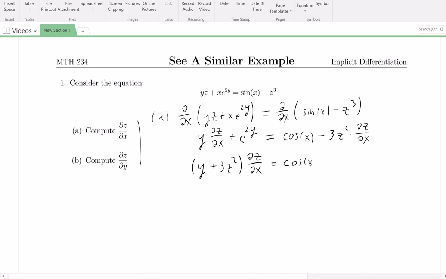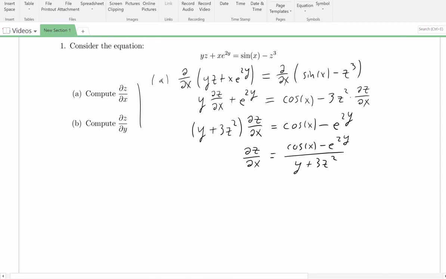So we have the cosine x, and we have to move the e to the 2y over. And then just divide and we're done. So we get cosine of x minus e to the 2y all over y plus 3z squared. So there's our answer to part A. There's partial z partial x.